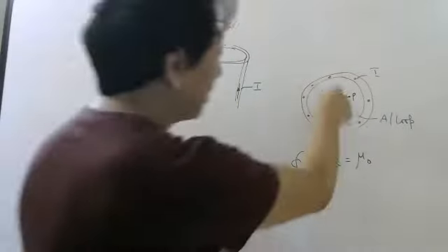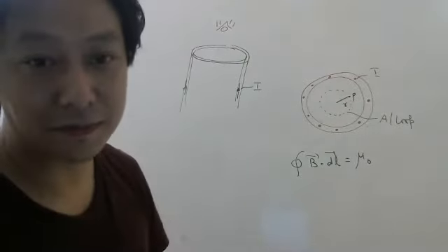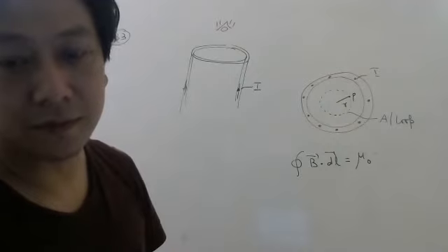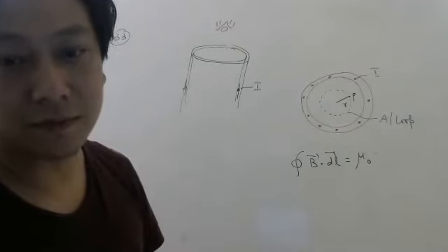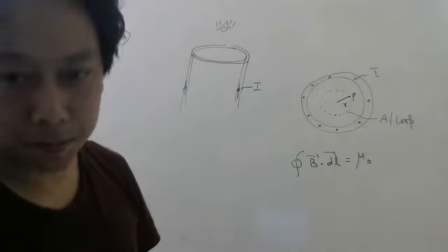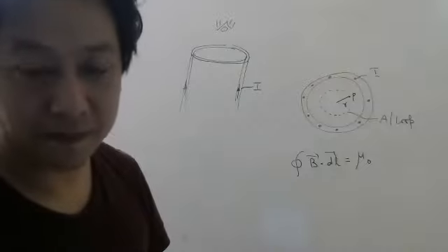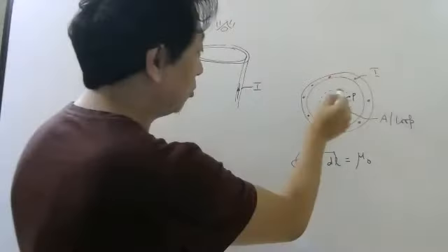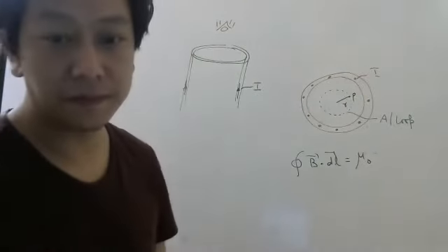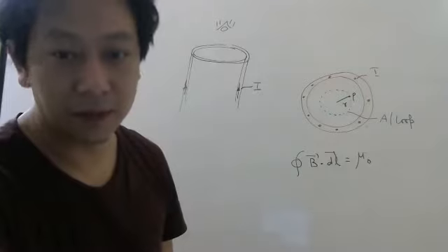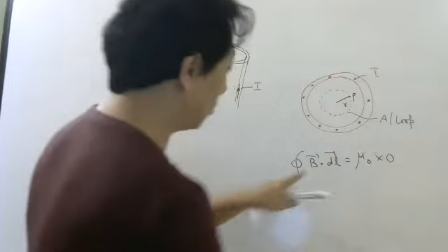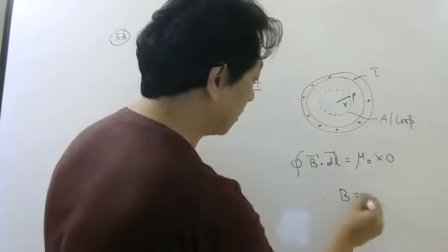Just tell me that much. So if I choose my loop here, what is the current inside the loop? There is no current inside the loop, right? This is zero.